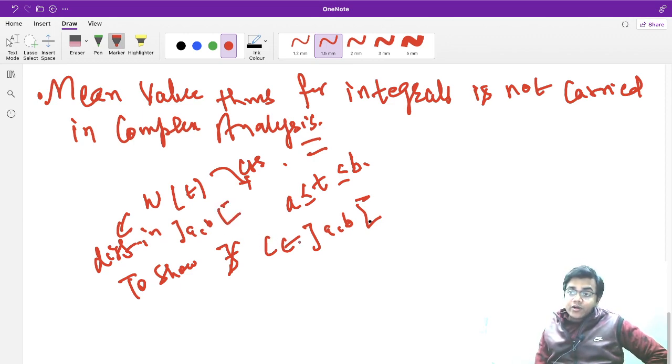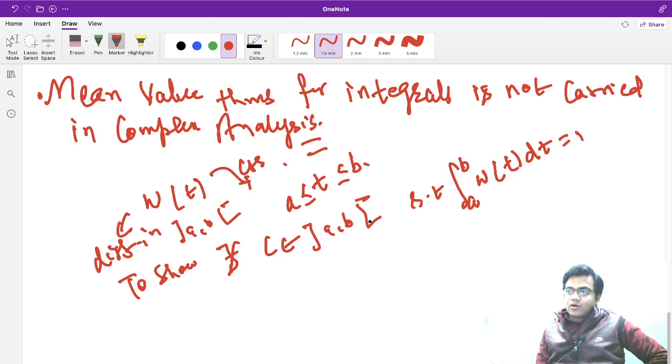But if we show that there does not exist any C in (a,b) such that the integral from a to b of W(t) dt is equal to W of C into (b minus a), you should be very careful with this.